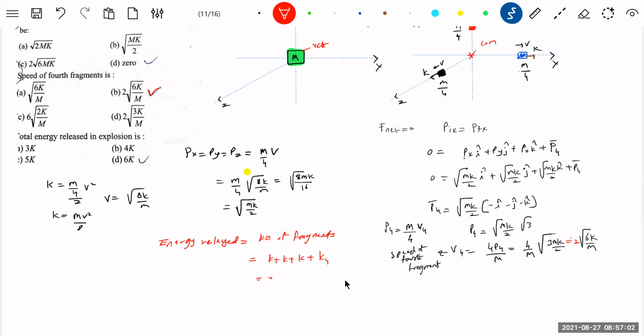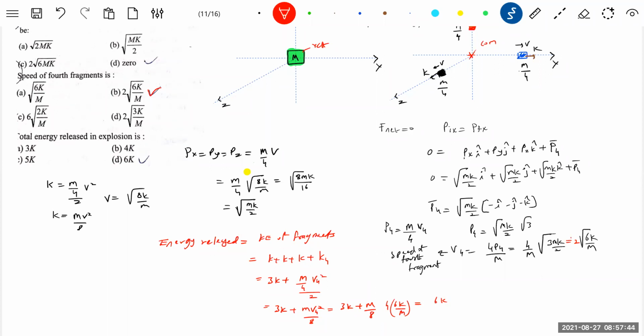So this should be equal to 3K plus m by 4 times v4, which we just got as 2 root 6, squared, no? So this will be 6K. Sir, 6K only will come. Yes, sir.